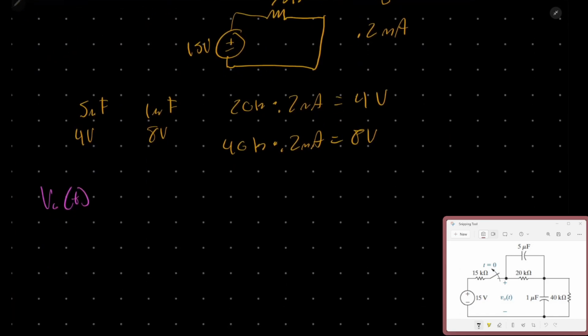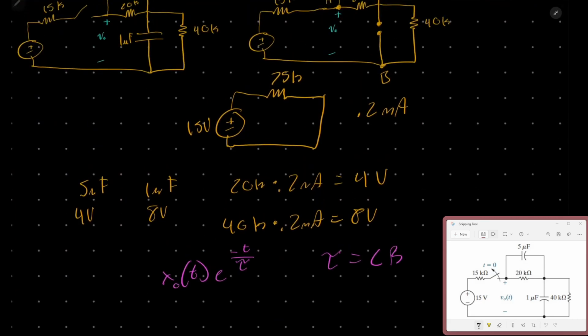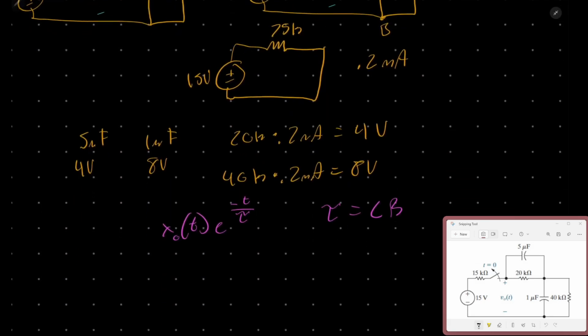To do that, first we will remember that the form for the discharge of a capacitor is x of t equals initial x, times e to the minus t over tau. And the equation for tau for a capacitor is C times R. So before we solve for this, we need to find tau for both of these capacitors.